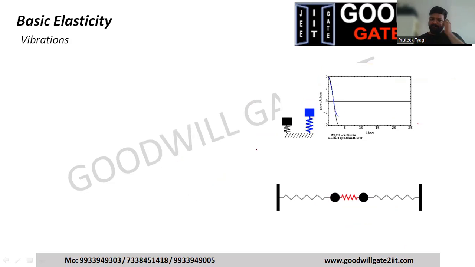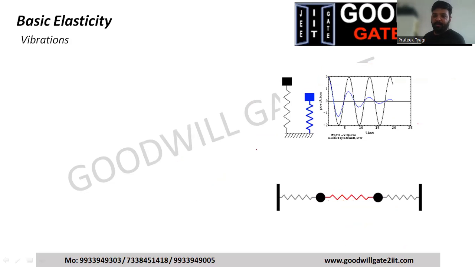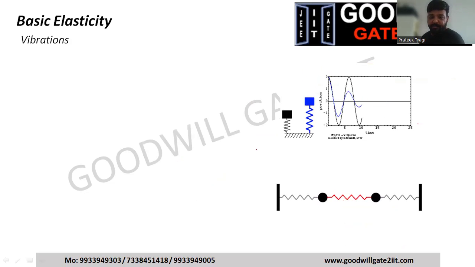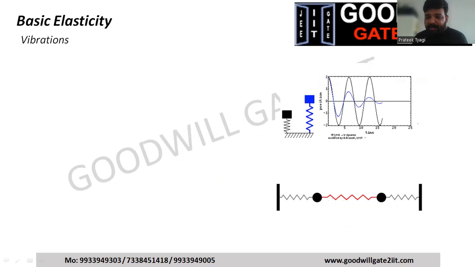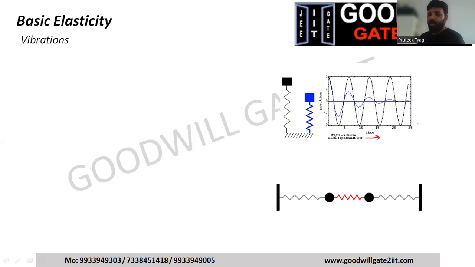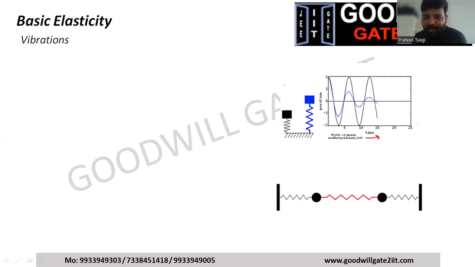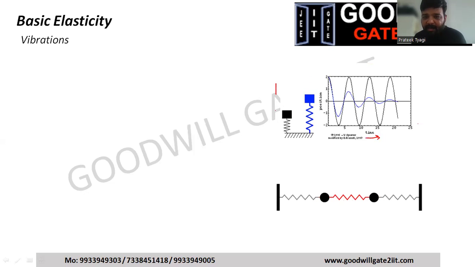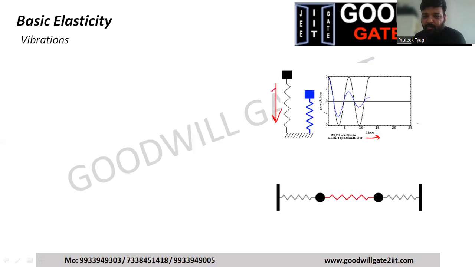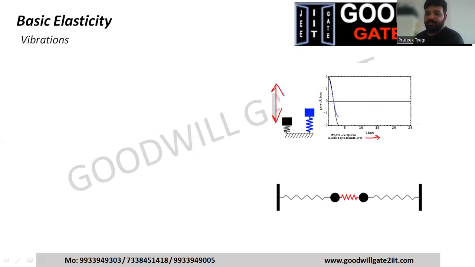It is a dynamic phenomenon. I'm not trying to confuse you with all these heavy words. But here, you will see what is happening to the system with respect to time. If you see this black mass, which is attached to a spring, it is just going up and down. This is vibration of a system.